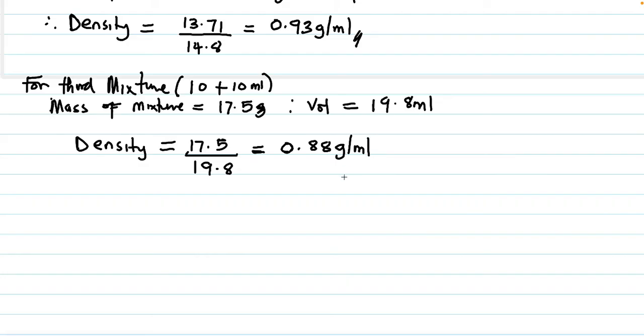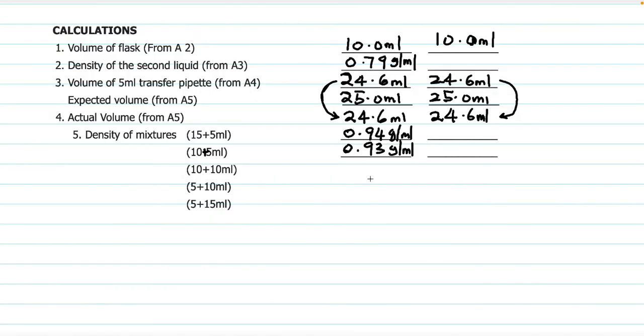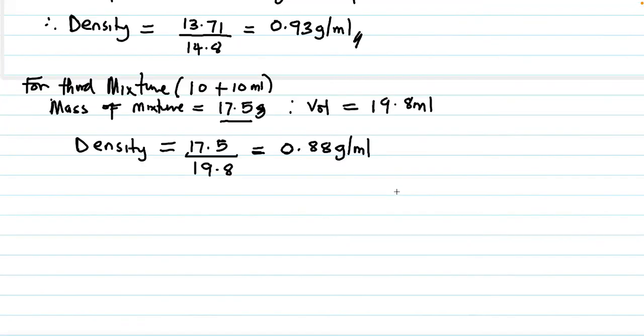Remember, your value here must not necessarily be 17.5. Yours can be 17.9, 18.0. I'm just showing how to solve this. This is the real way to solve it: density is mass over volume, the mass of the mixture is 17.5, the volume is 19.8, and when you divide, you get your density. So you come back here and record it: 0.88 gram per mil.